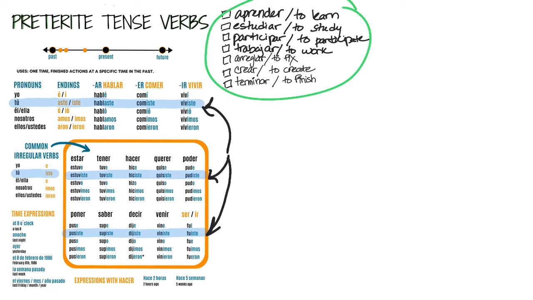In order to form my questions in Spanish, I'm going to have my question word, which is going to be your who, what, where, when, why, how much, how long, depending on what you're asking.